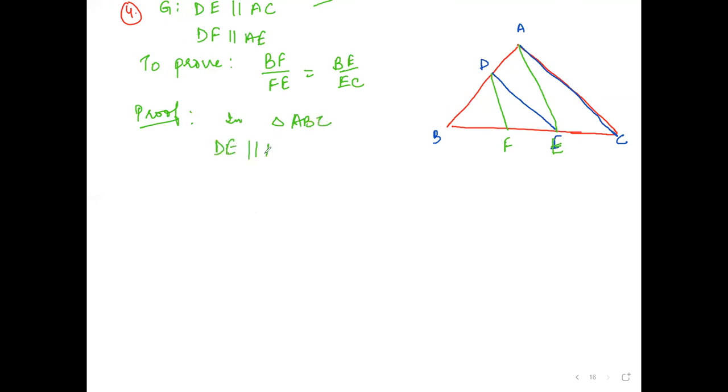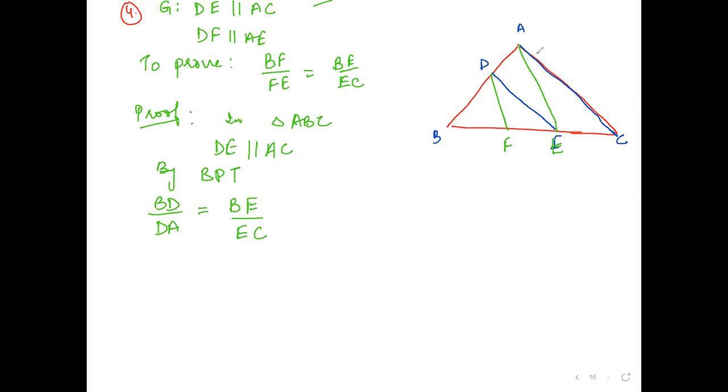Now in triangle ABC, DE is parallel to AC. So by Thales theorem or BPT, the ratios will be same. So I can write BD upon DA will be equal to BE upon EC. Is this clear? Because I'm using the blue line. Please look carefully at the figure.